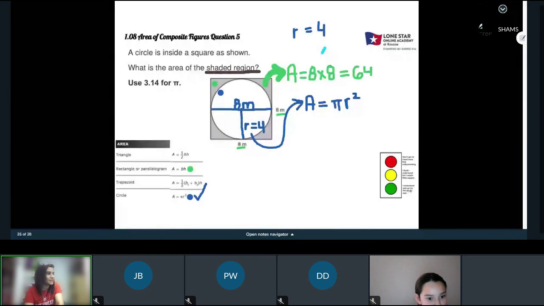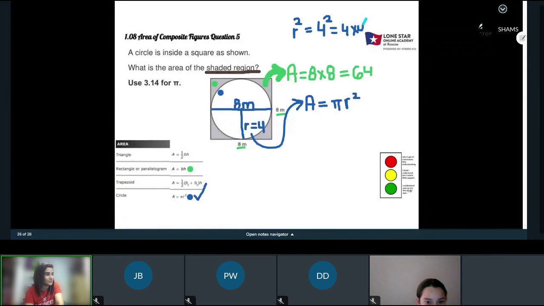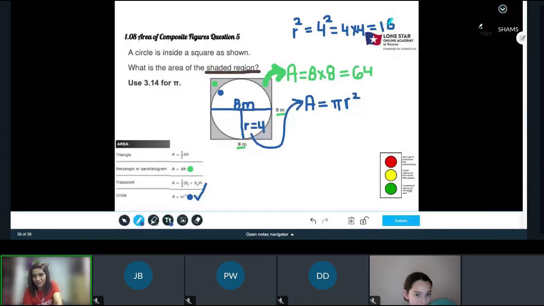In the formula we need radius squared, so let's go ahead and square it. To square the radius means to multiply radius by itself. Do 4 times 4 and that gives you 16. Radius squared is 16. 4 times 4.